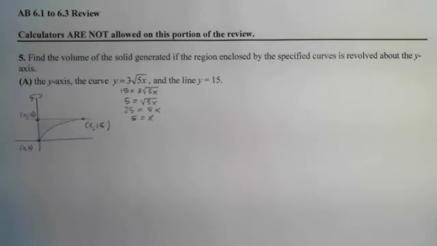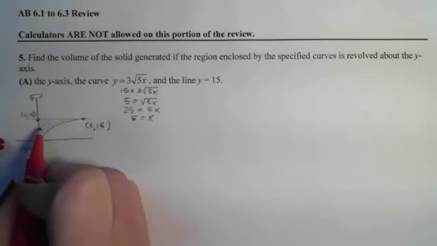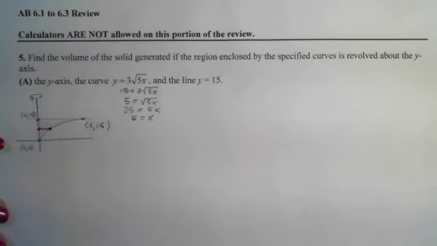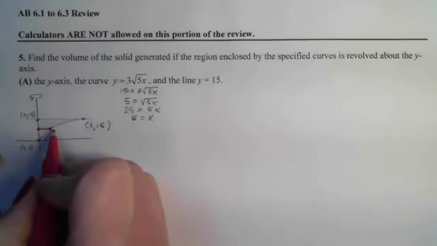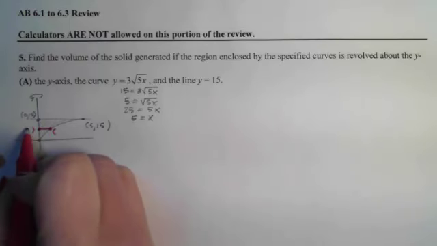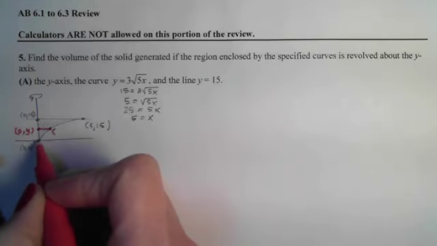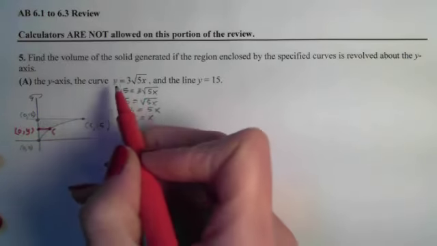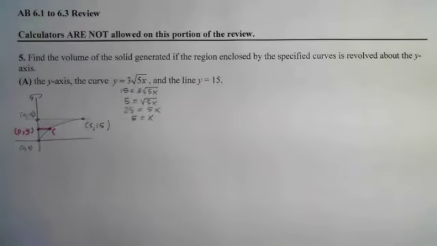Alright, so now if I'm going to do washers and discs, that means I need to cut perpendicular to what I'm rotating around. So we'll begin with this strip, and we will label with y's. On this one we have 0 comma y, and over here we're on the curve and we need to have the x isolated.